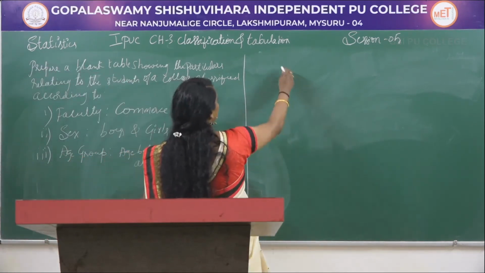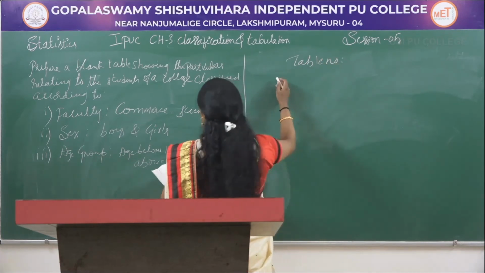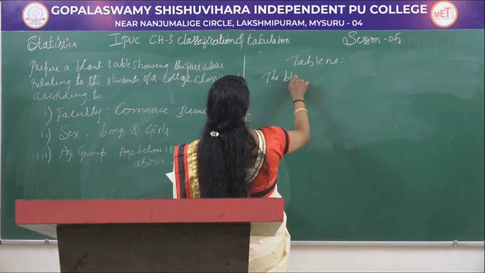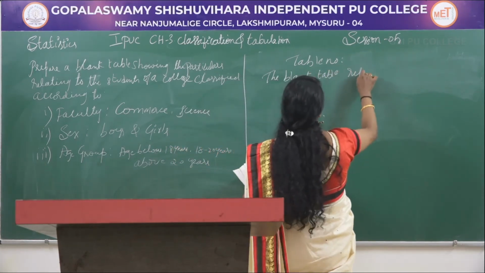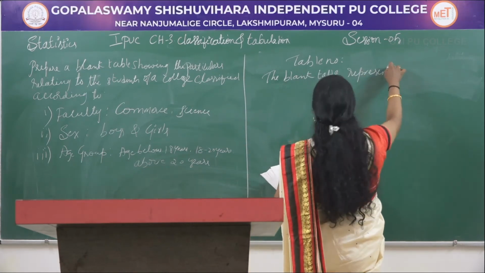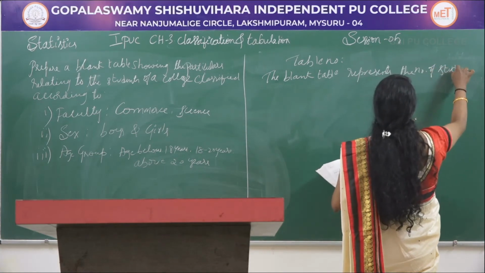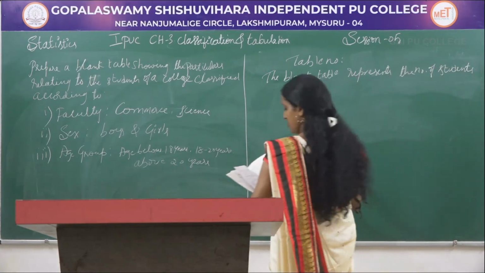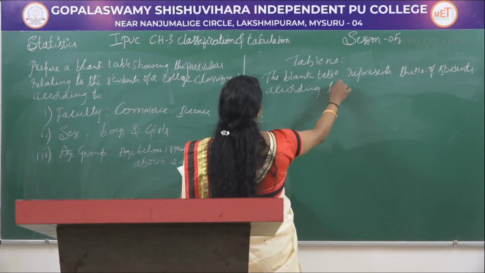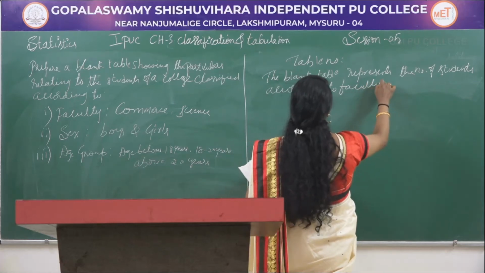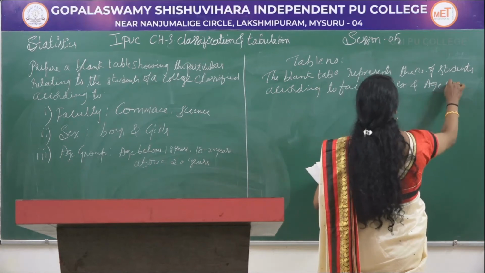First we have to write the table number. Next, title of the table: the blank table represents the number of students according to faculty, sex and age group.